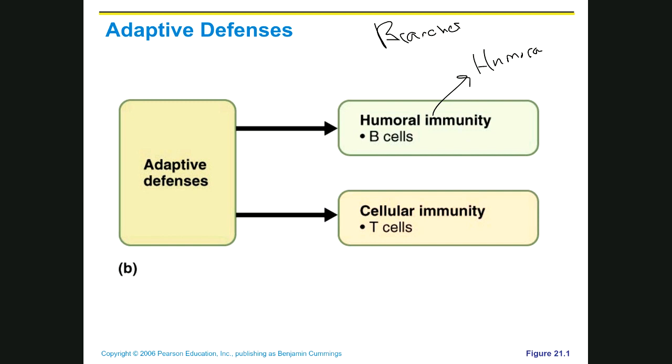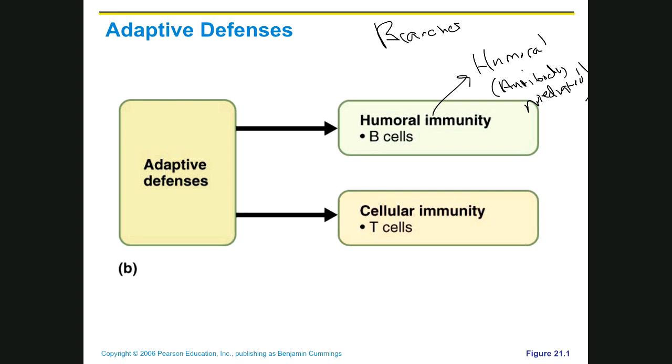It's in your fluids. It's also, and this is a newer and probably a better name, antibody-mediated immunity. So B cells are in charge of antibodies, and antibodies float around. That's why it's called humoral.